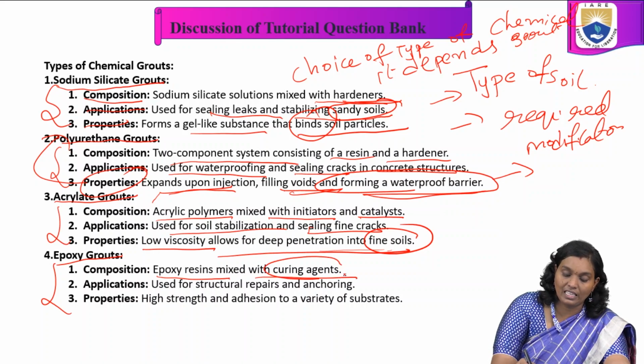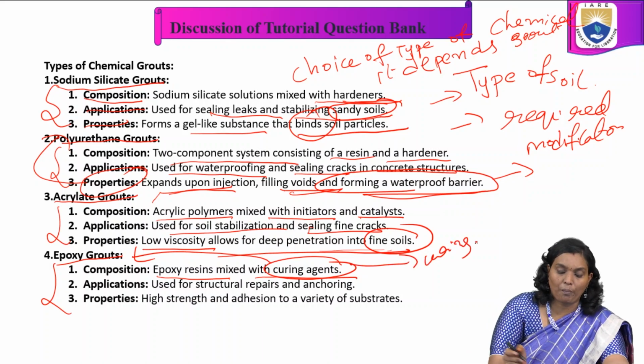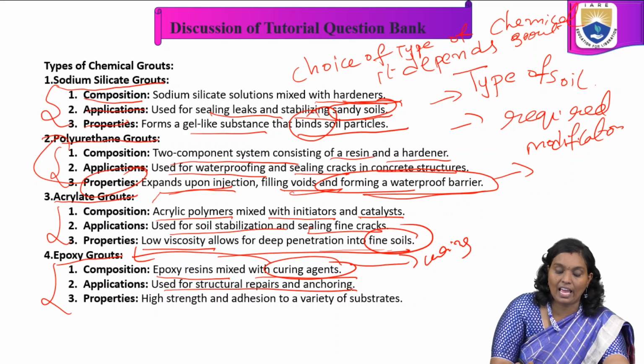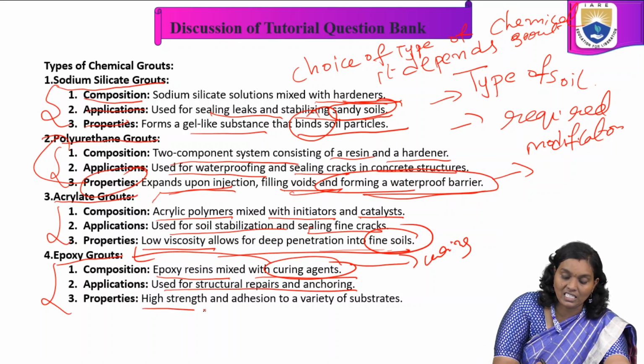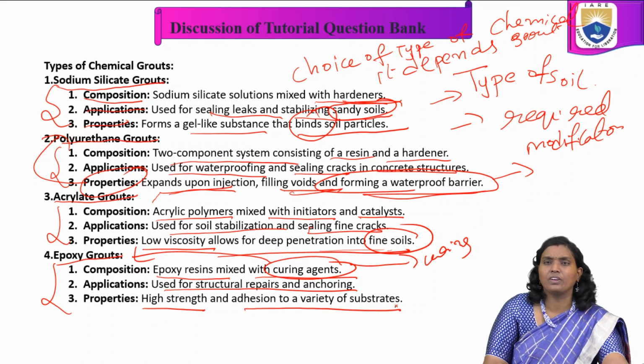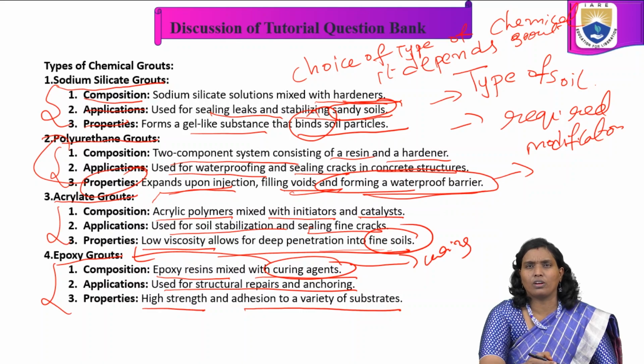So we are mixing these kind of grouts at the time of curing. These are used for structural repairs and anchoring. The properties of this kind of grout are high strength and adhesion to a variety of substrates. These are the various types of chemical grout.